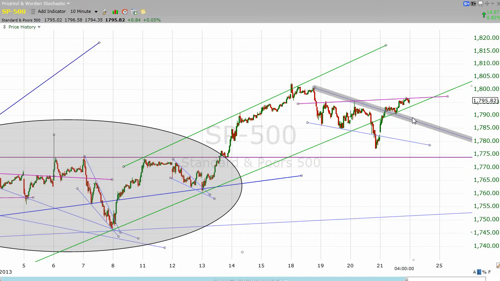But again, still nothing of great technical significance, but certainly a better sign than had we come up to this level today and then sold off sharply. So this looks like a genuine attempt by the S&P to get its footing back and to plow on higher. So there's your video for November 21st, 2013.